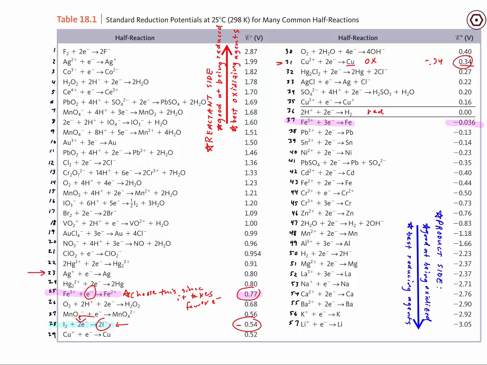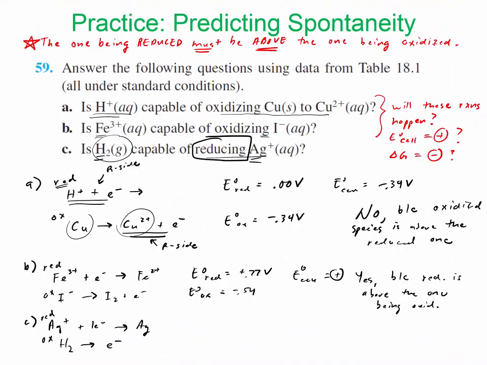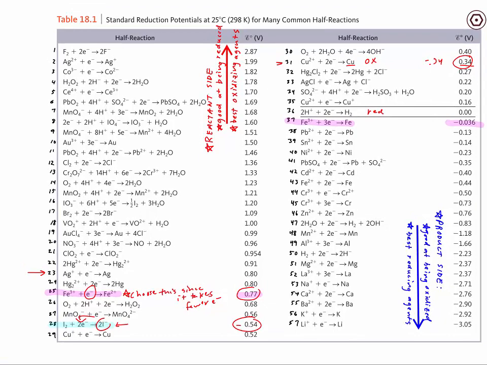And let's see. H2. So H2 losing electrons is the reverse of the standard potential. So let me erase some of this old stuff, and let's show these clearly.